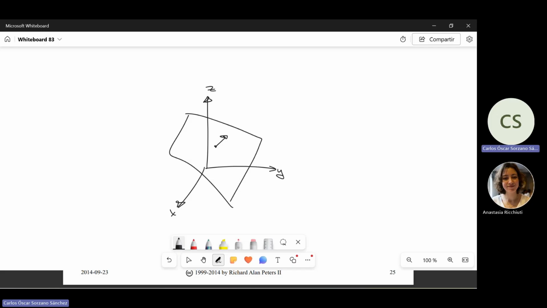Let's call that vector u, and we have the coordinates x, y, z. So x, y, z represents any point in this space, and we wonder what is the equation of all the points such that they belong to this plane.